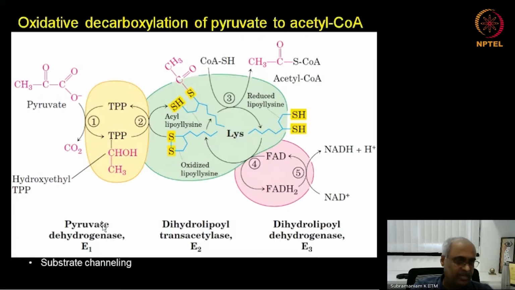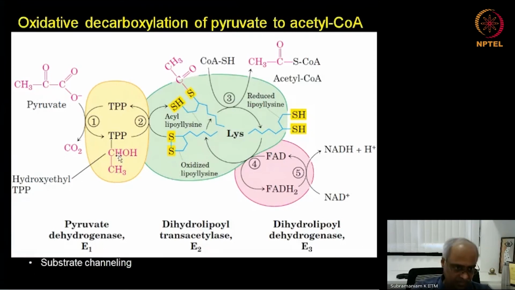The pyruvate dehydrogenase, this E1, is identical to that. The only thing now we are adding is this, so there this got transferred, this got further reduced into ethanol, okay, in the ethanol fermentation yeast. So here and there it was alcohol dehydrogenase, that is the second enzyme.